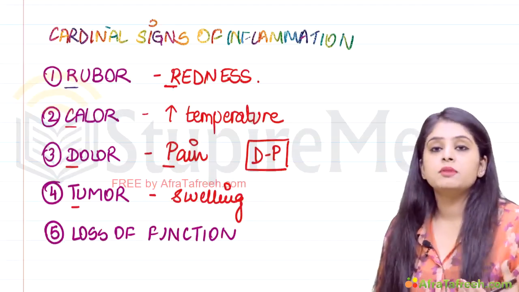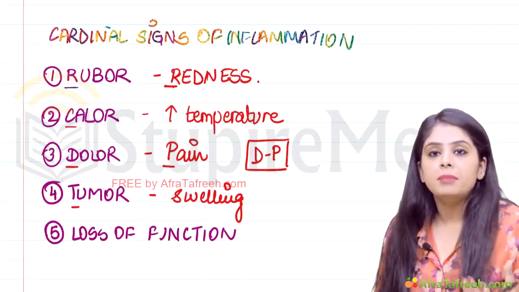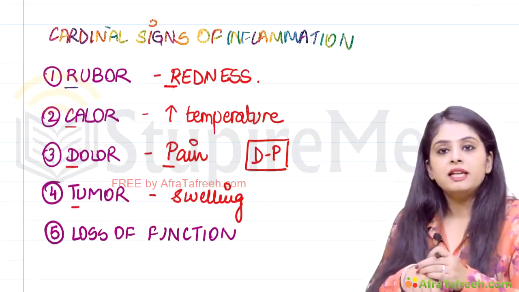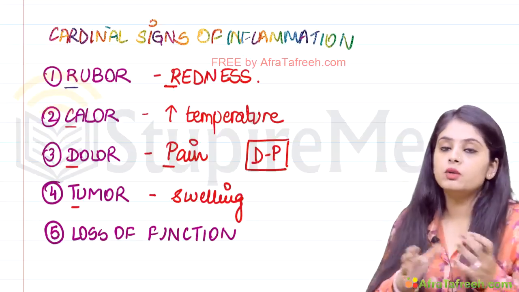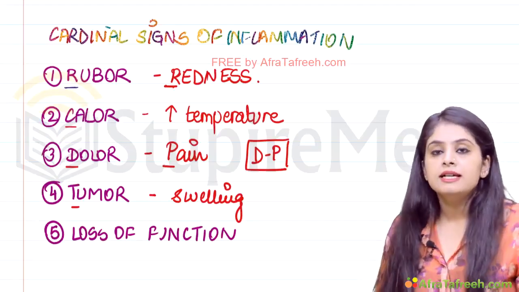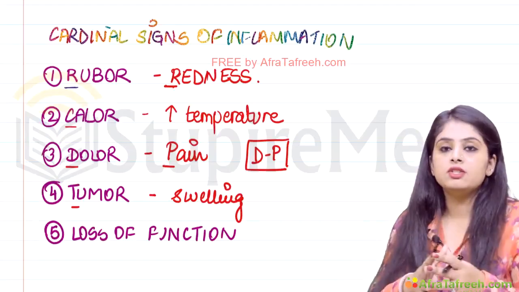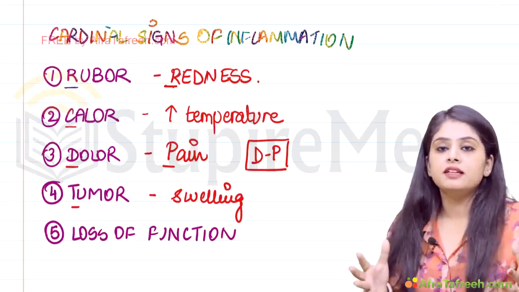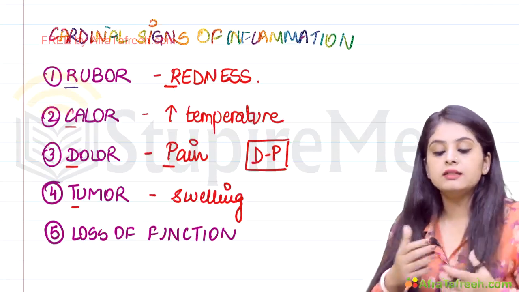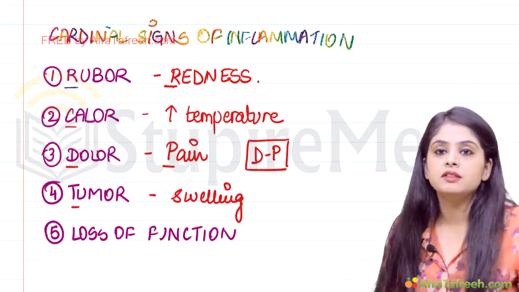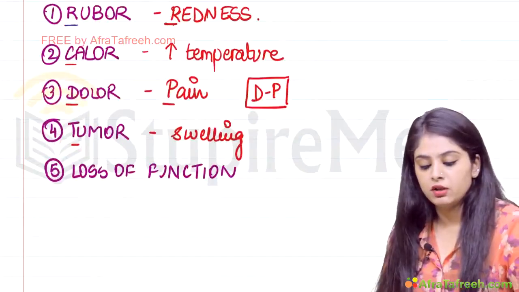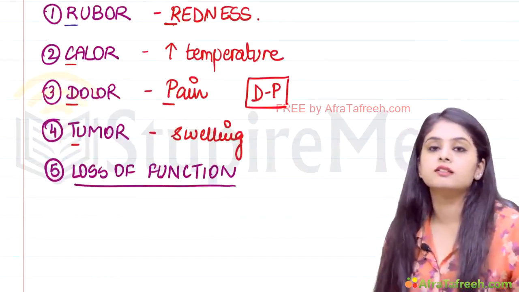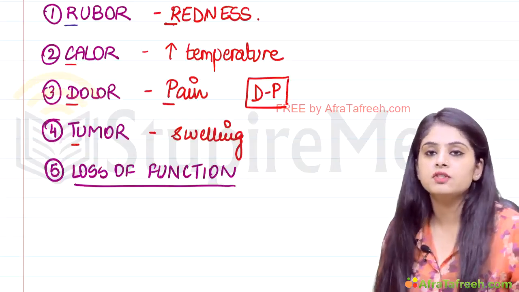Over a period of time, the patient also complains of pain, that is dolor. An abscess is a visible swelling, so we are going to call that a tumor. And if that lesion increases in size and hinders the daily activity of a person, that is known as loss of function. So that becomes the fifth cardinal sign, loss of function.